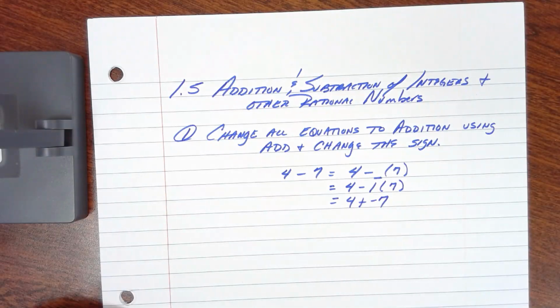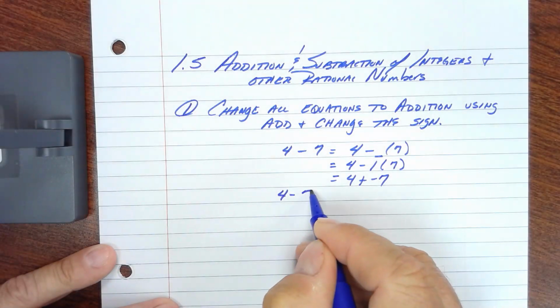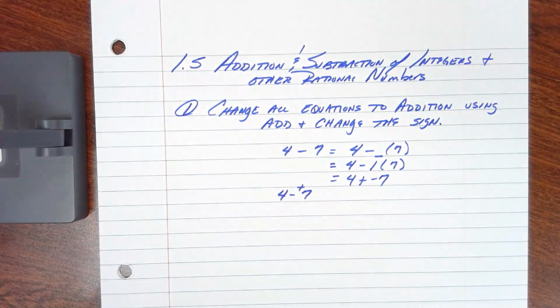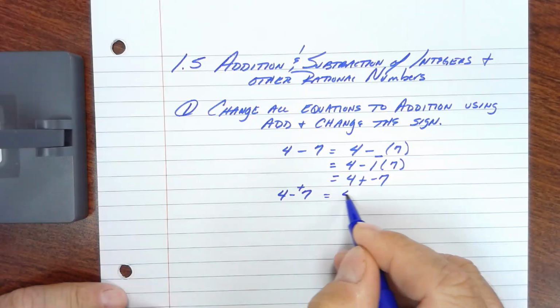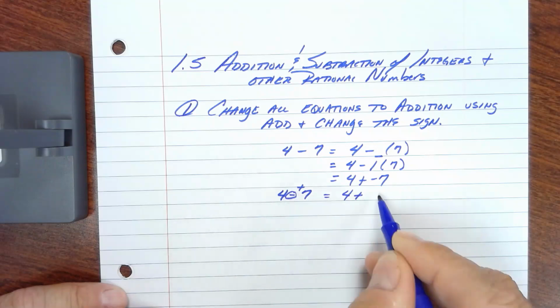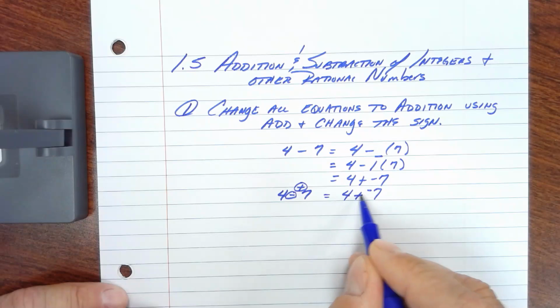But we change it very quickly. 4 minus 7, this is a positive charge. So we call it add, changing this sign to add and changing the charge of the second number. Add and change the sign.